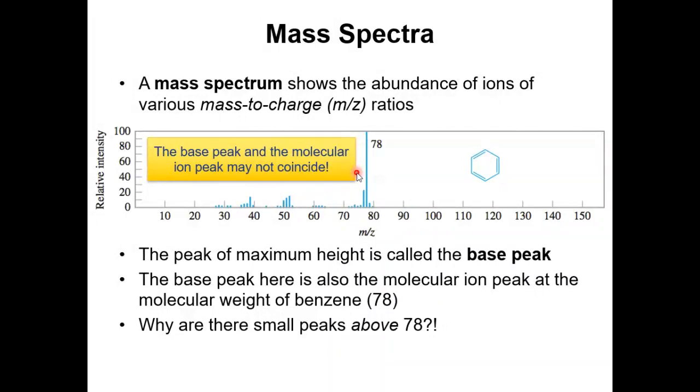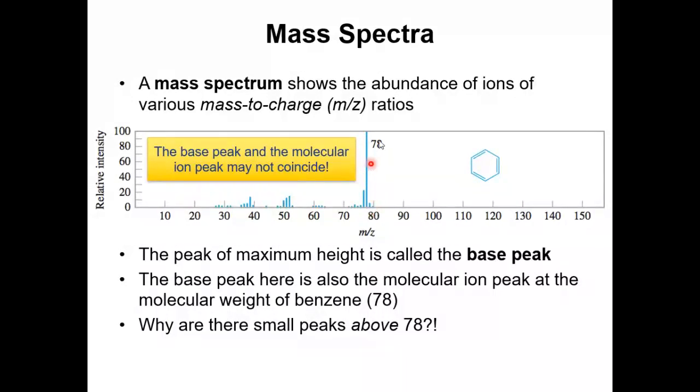Now the question is, if you know this peak is 78, but you also have a 79 peak and even an 80 peak. The 79 peak is actually pretty weak. The 80 peak is even weaker. But why do you have those small peaks above 78?